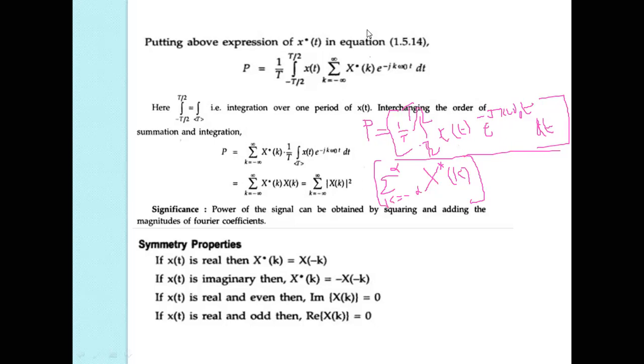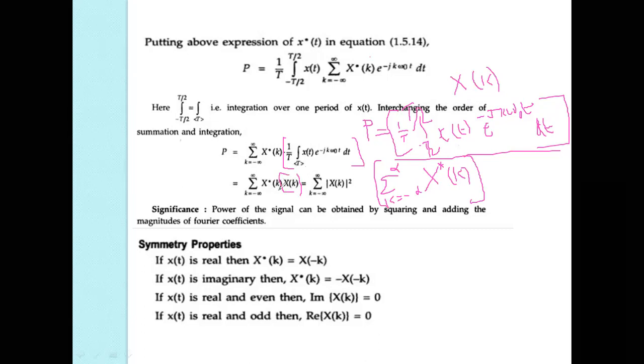I got the analysis equation: 1 by T, the integral of x of t e power minus jk omega naught t dt. Now this total within the parenthesis becomes x of k. So the sum of k equal to minus infinity to infinity of x star of k, and this function is x of k.